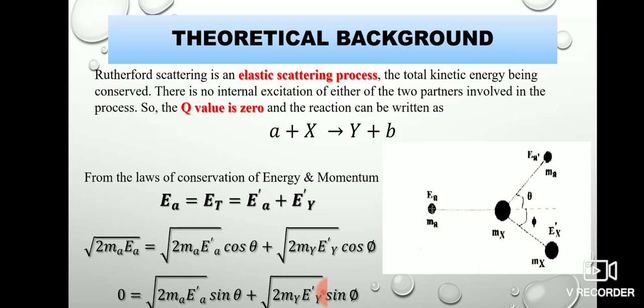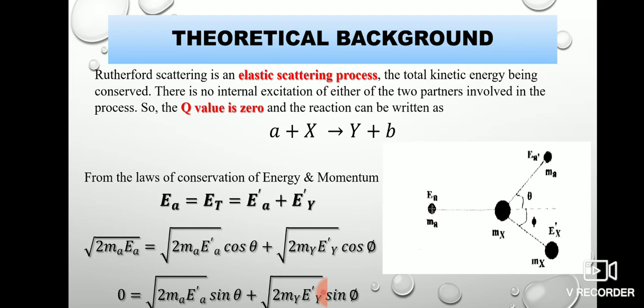From the conservation of energy and momentum, we have three equations. The first is for energy conservation and the other two indicate momentum conservation in the horizontal as well as vertical directions.